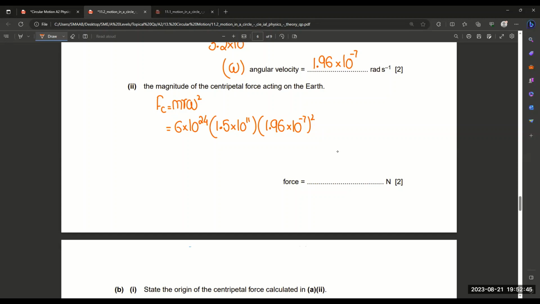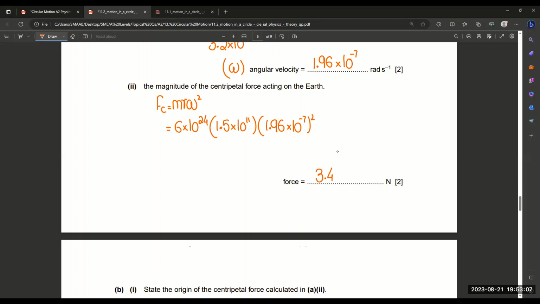Okay, is it 3.45 multiplied by 10 raised to the power 22? And what are the digits after 4, 5? 7.